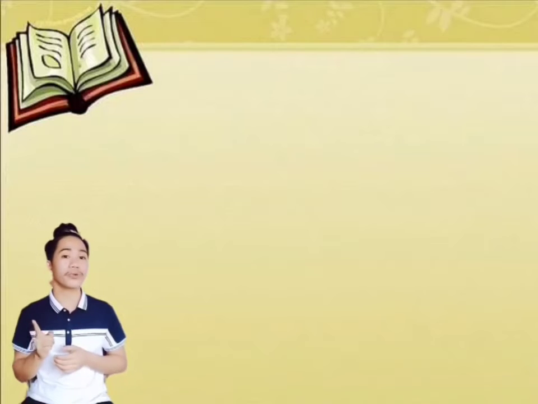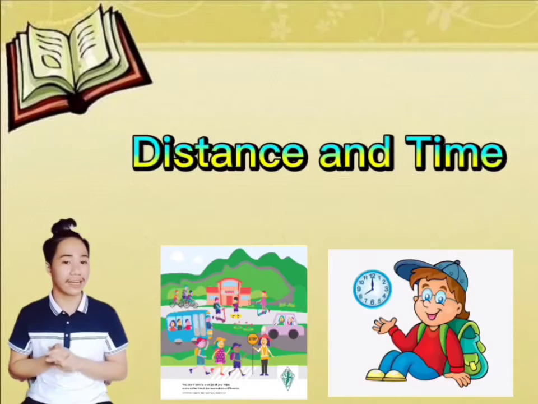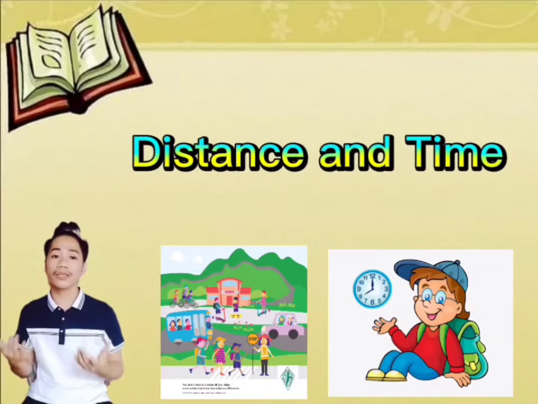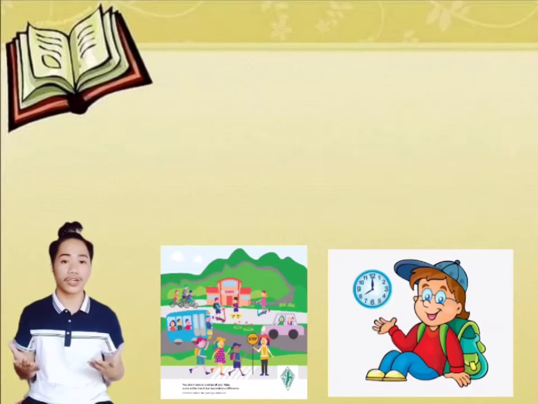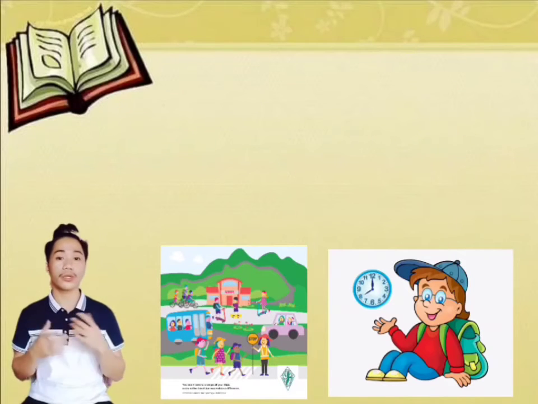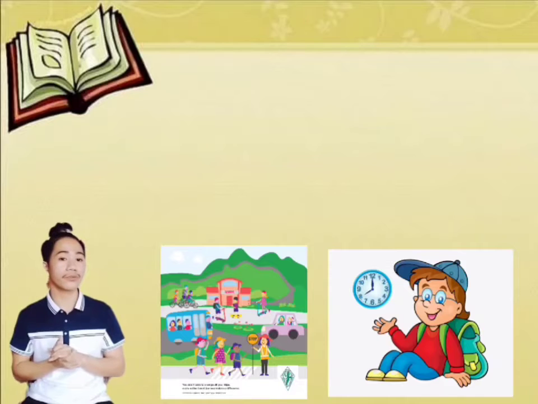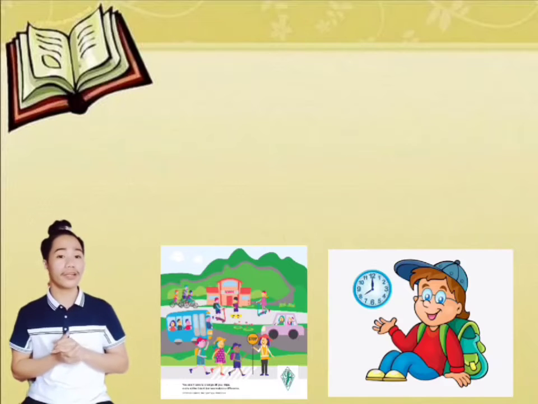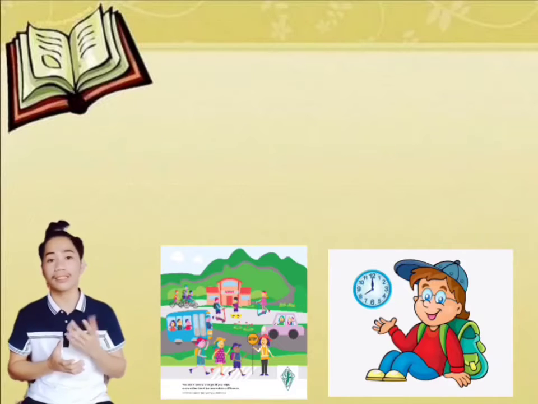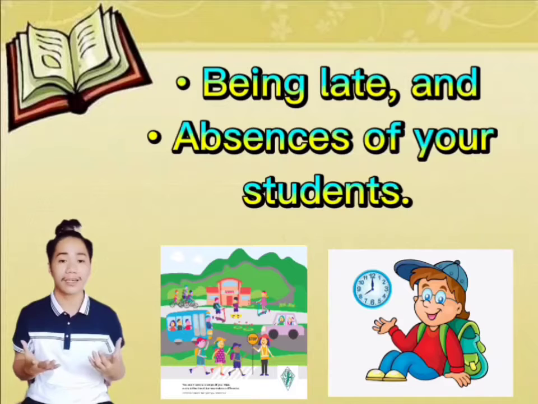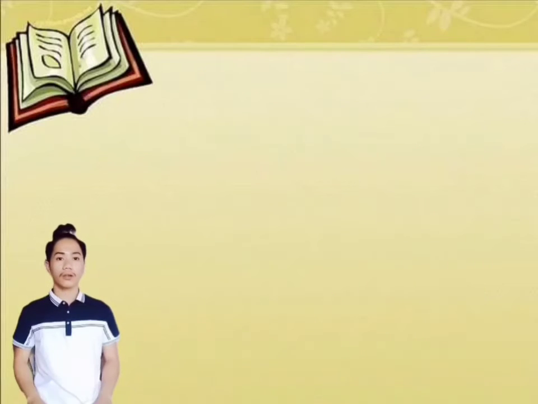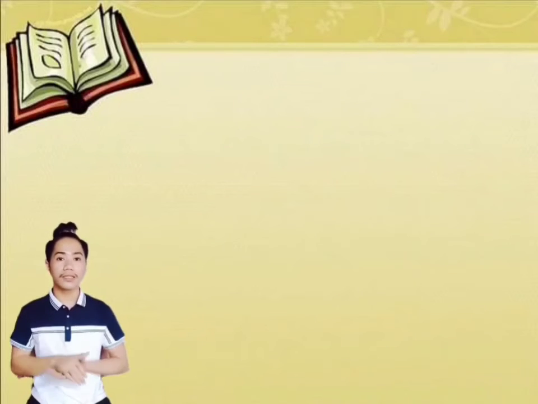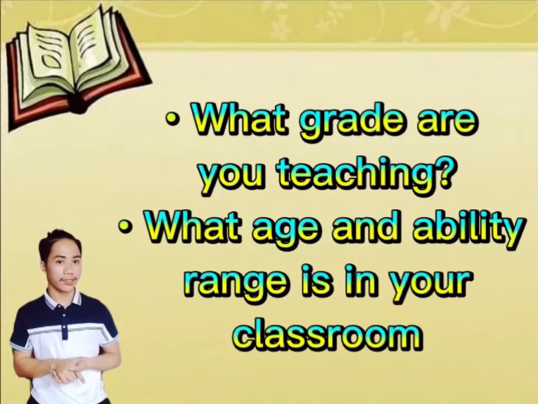And number 2 refers to the distance and time that students travel to get to school. As a teacher, it is important to know the background of your students' location in order to address some instances like lateness and absences of your students. So let's now proceed to the next questions.